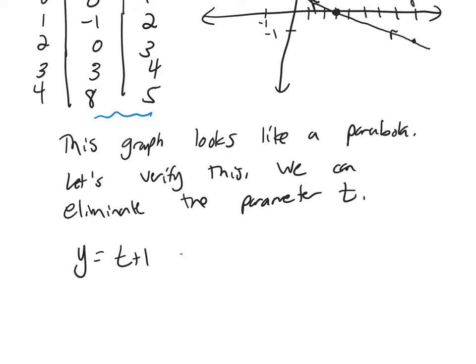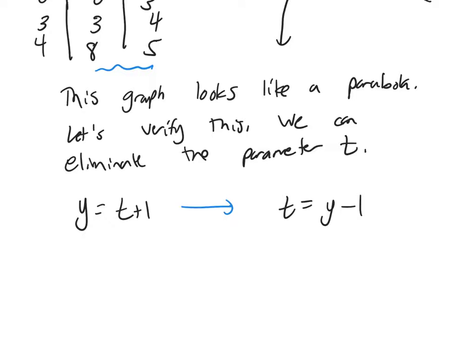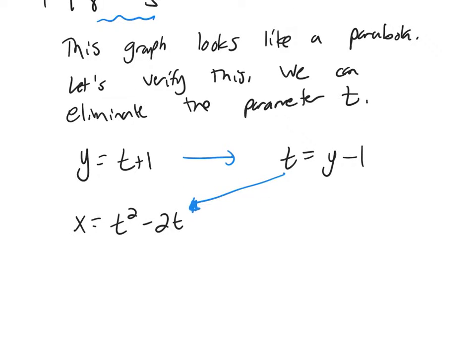So I'm going to take this and solve for t. t will be y minus 1. And then you're going to go to your x equation. Our x equation was x equals t squared minus 2t. And you're going to take this equation and plug in for t. So now you're going to get x equals (y minus 1) squared minus 2(y minus 1).